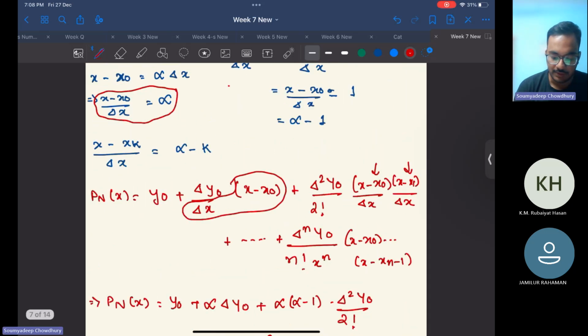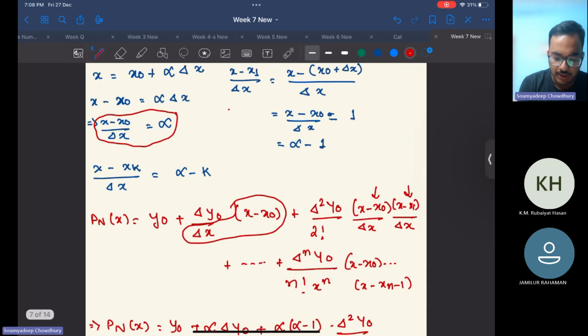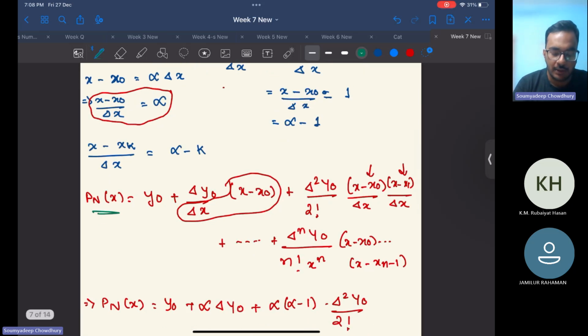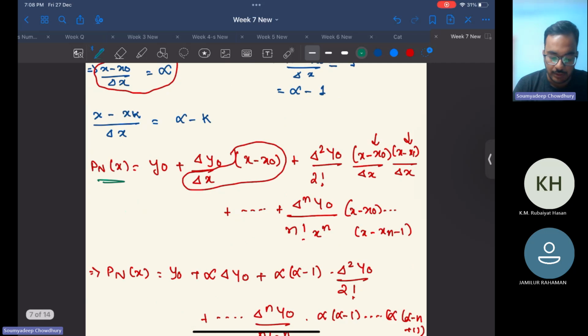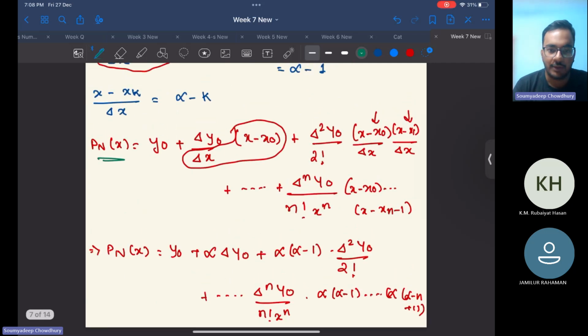So here this was the Pn of x, my interpolating polynomial, right? y naught plus del y naught by del x, all these terms are there. If we simplify it and write in terms of alpha, we can write y naught plus, this thing x minus x naught by del x is alpha, right?